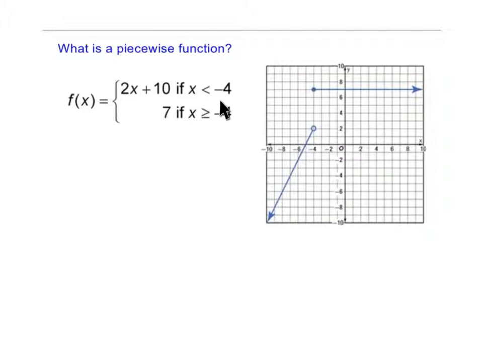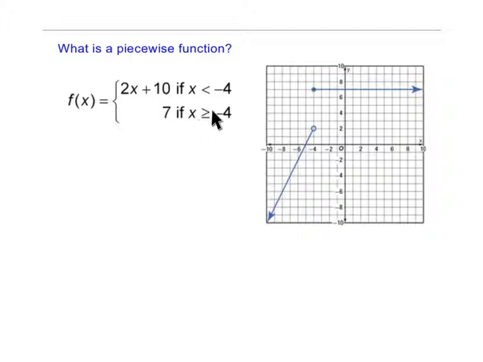And then there are two parts here. So this part is the domain of the function right here. So where x is less than -4, so I come here where x is less than -4, there's an open circle and this line.